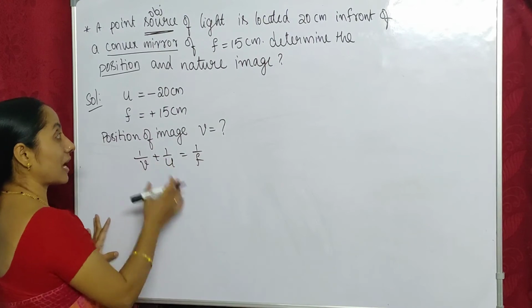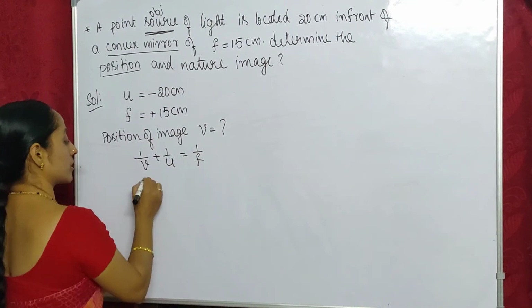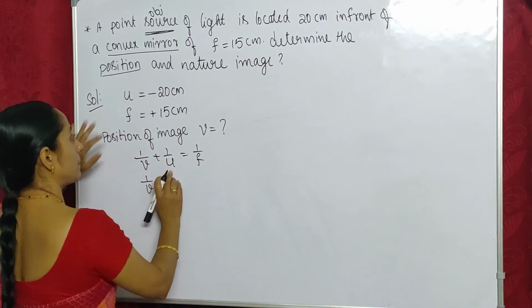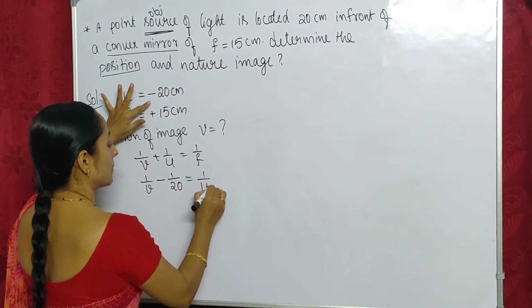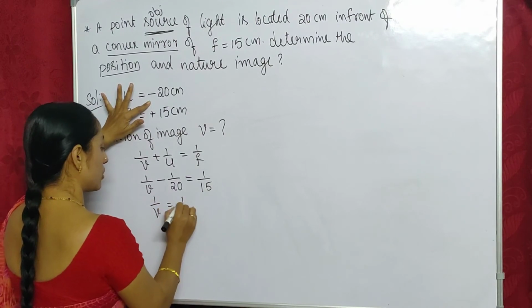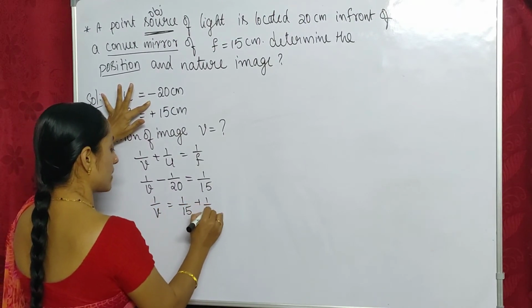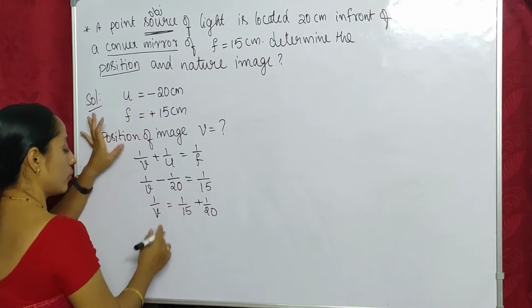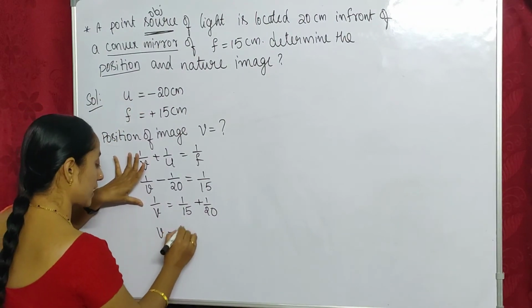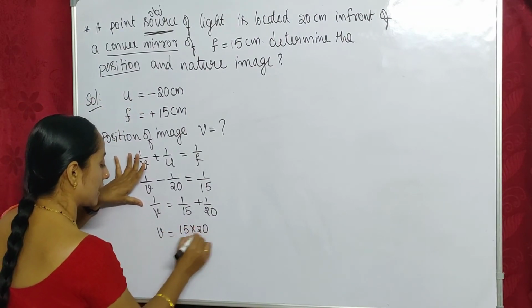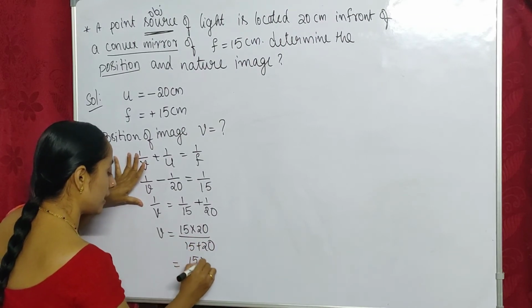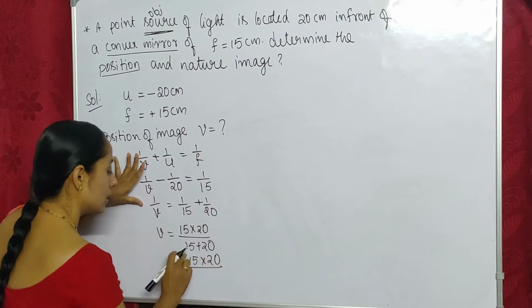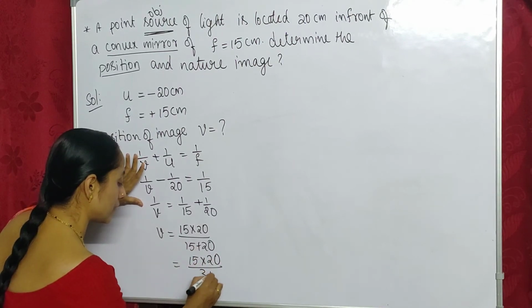Now substitute the values along with the sign convention. 1/v plus of minus, so minus 1/20 is equal to 1/15. 1/v is equal to 1/15 plus 1/20. Now v is equal to 15 into 20 by 15 plus 20, which is 35.